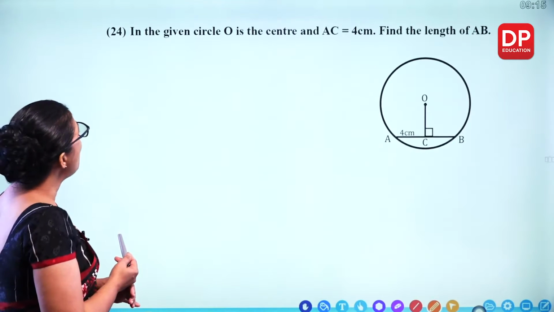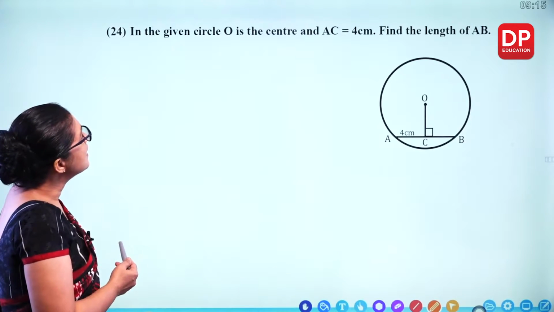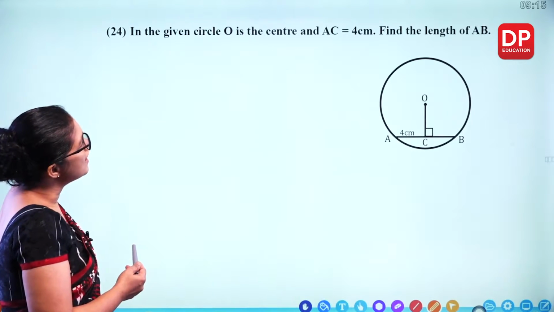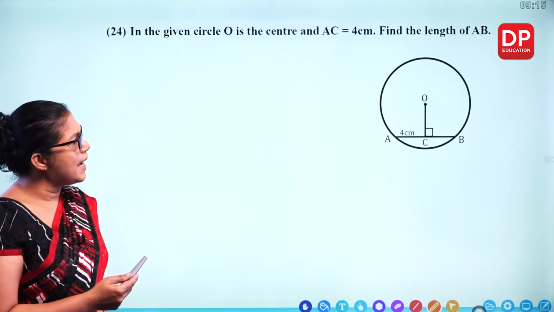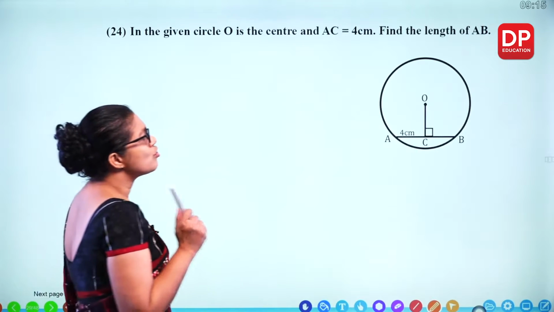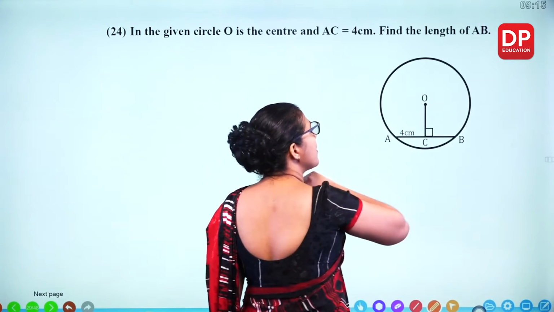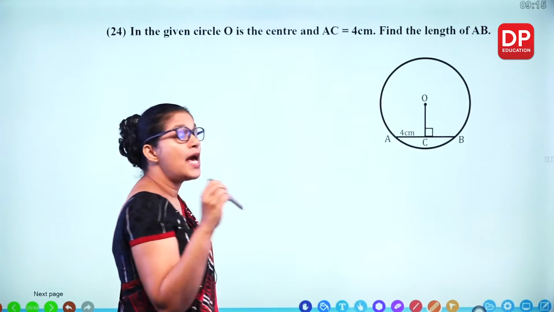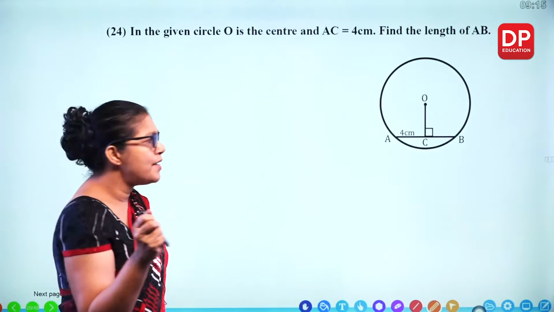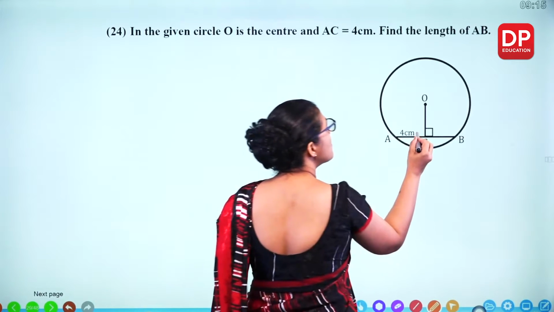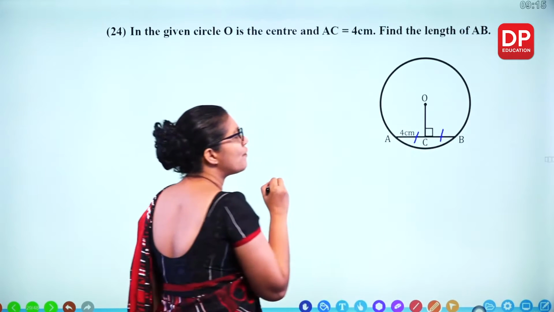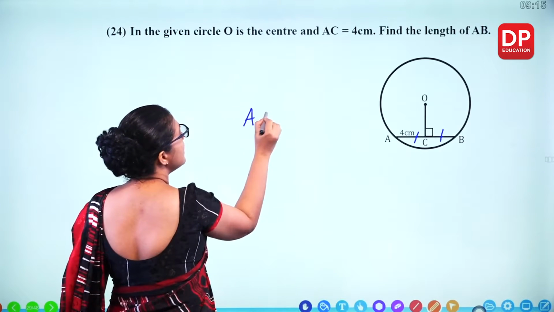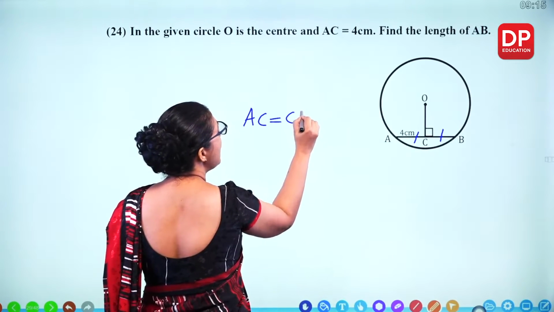Question number 24. In the given circle, O is the center and AC is 4 centimeters. Find the length of AB. According to the theorem, if you draw a perpendicular from the center to a chord, this becomes the midpoint of the chord. So that means AC length is equal to CB length.